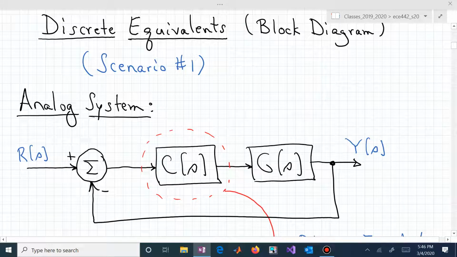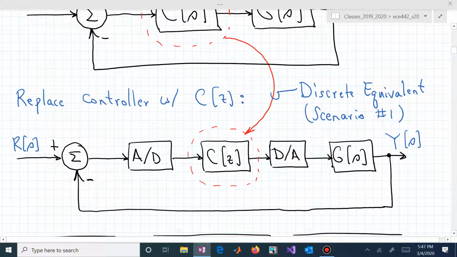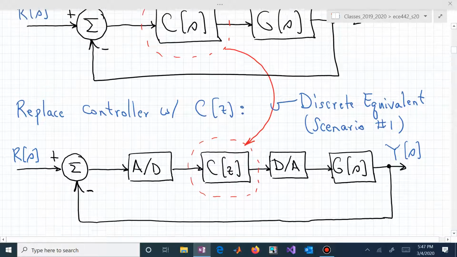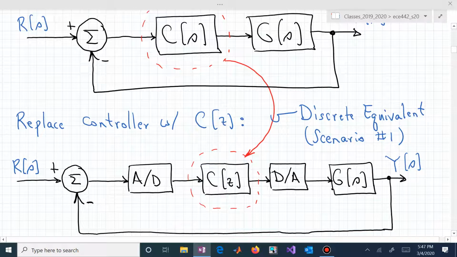I want to replace that with a digital device, a microprocessor, a computer. Give me a capital C of z so that I can just insert it into my system. Obviously, you'll have to precede and follow it by A to D and D to A conversions so that it's compatible with your analog system. But we now want to figure out, how do I replace capital C of s with a capital C of z? This is discrete equivalent in scenario number 1 from last time.